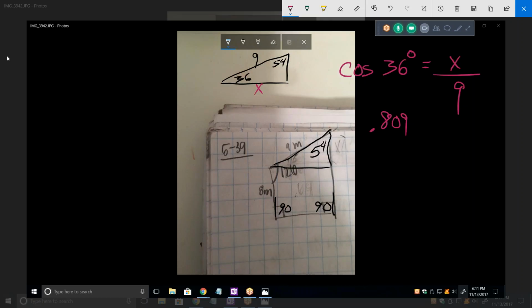Let me check the sine of 30 to make sure I'm in the right mode. I'm not. Good grief.